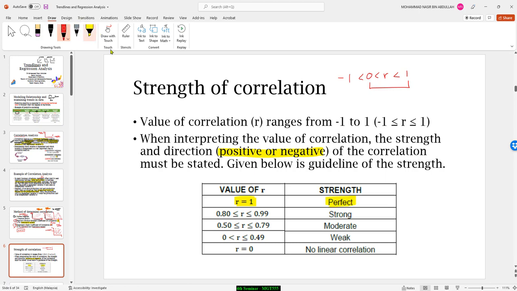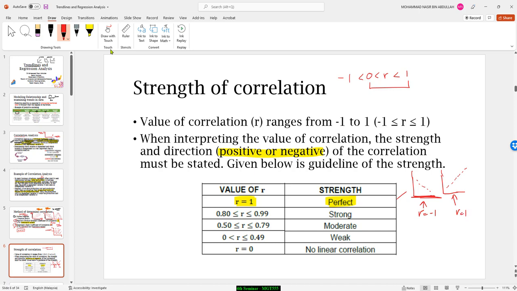So perfect correlation selalunya dalam scatter diagram, you akan dapat macam ni lah. Dia dalam bentuk satu line saja, tapi dalam bentuk data, tapi dalam satu line lah. So ini is R equal to -1. Ini R equal to 1.